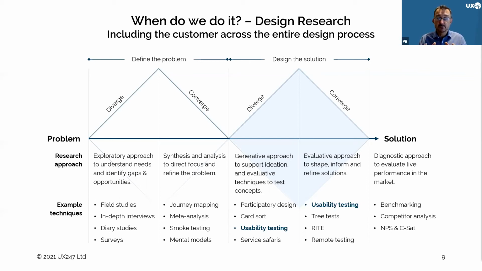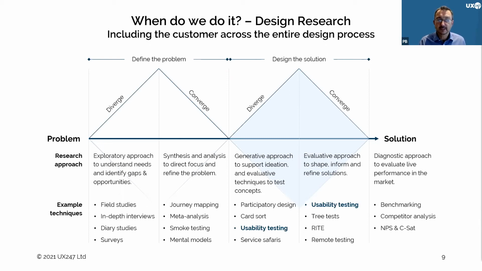And it's the reason most people do it here is because if you're a relatively immature organization in user experience, then this is where it adds the most value, and it's where it's most easily understood, actually, because you've got a prototype, you put users in front of it, they tell you what's wrong with it, you fix it, improve it, and on you go. And it's a very effective method, and it's why it's the most commonly used.